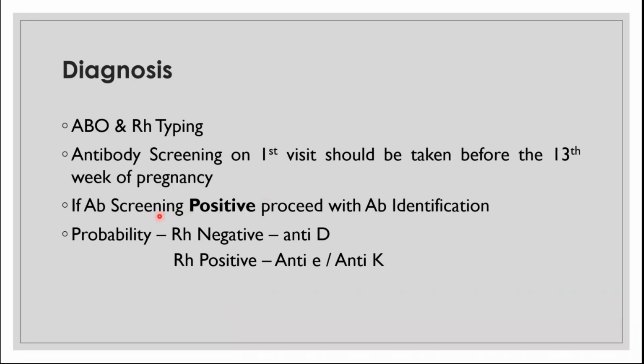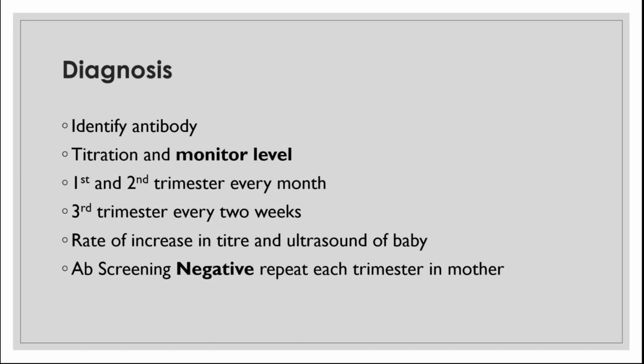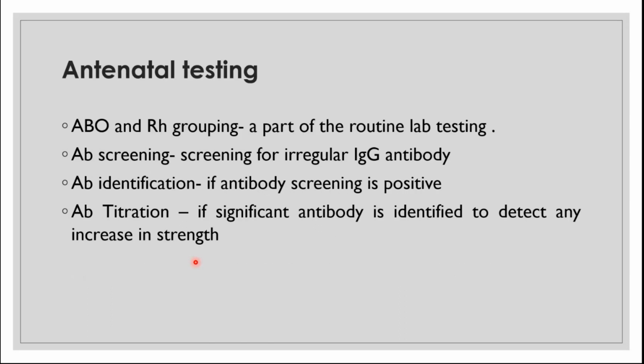If antibody screening is positive, proceed with antibody identification: probably rhesus negative with anti-D, or rhesus positive with anti-E or anti-K. Titration and monitor levels in the first and second trimester every month, third trimester every 2 weeks, with the rate of increase in titer and the order of the baby. Okay, that's the antenatal testing.